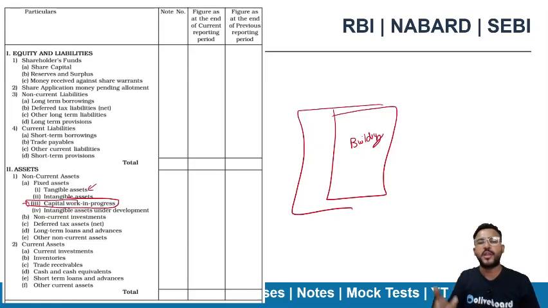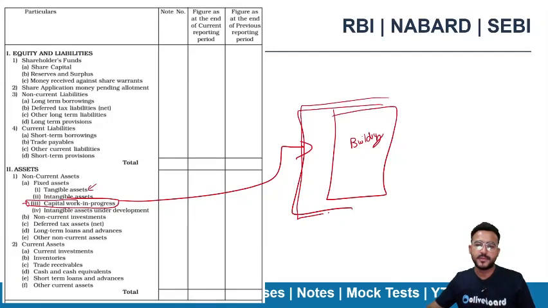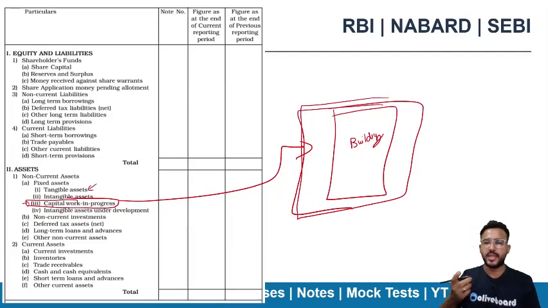As of now, it is not a tangible asset because it is still in process. Once it is done, I can show it under tangible assets. Till then, I will show it as capital work in progress in my balance sheet. So the building which is under construction, plant and machinery which is under construction, everything I will show in the capital work in progress.